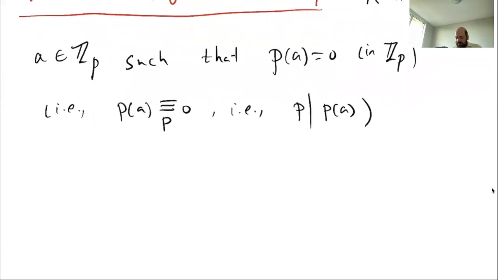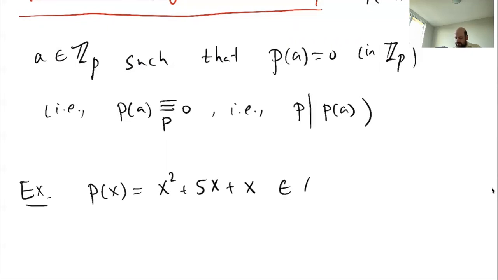So let's look at an example. Let's say P of x equals x squared plus 5x plus x as a polynomial in Z7.